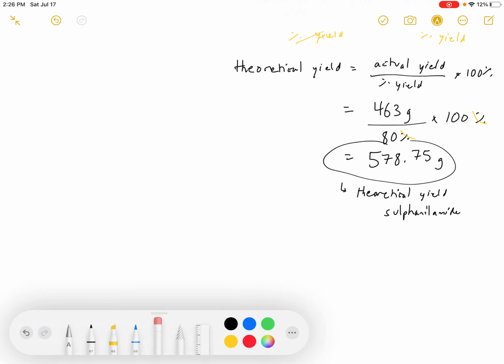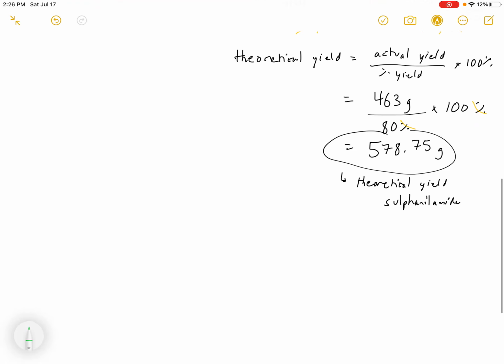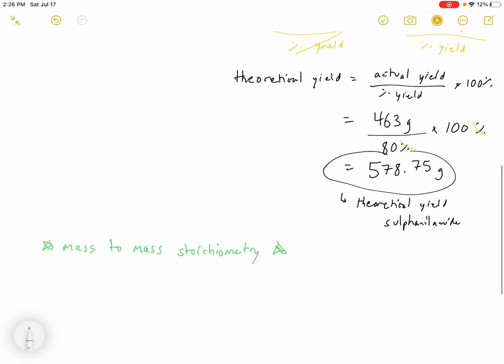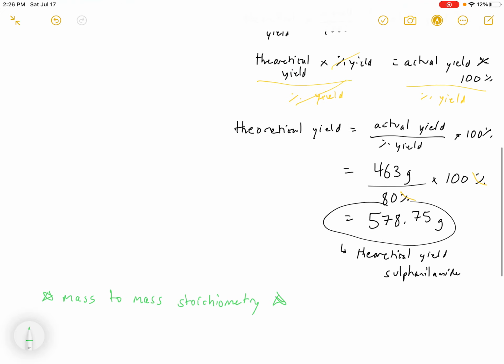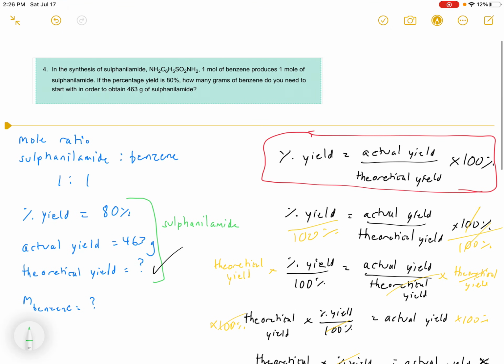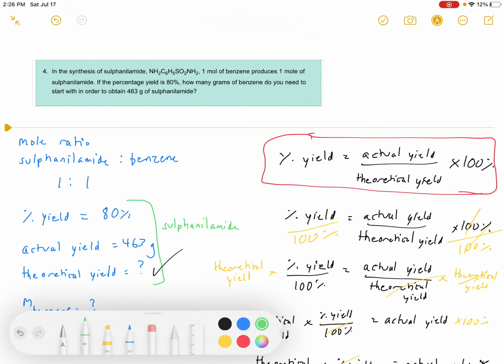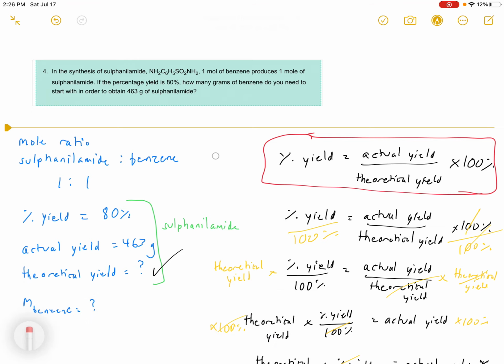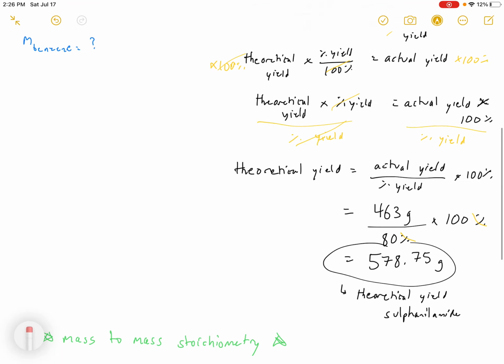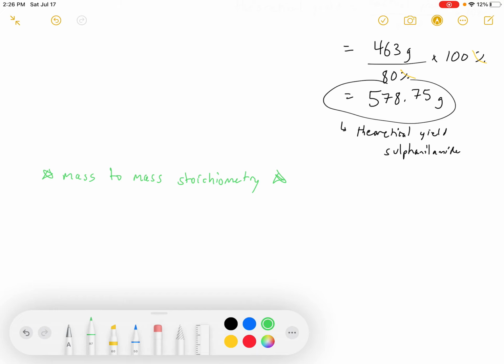So now this just becomes mass-to-mass stoichiometry, which you've seen explicit examples of earlier on in the course. And even better, we get to save ourselves a step because we don't have to deal with a balanced equation because we've already been told the mole ratio of sulfanilamide to benzene, which is great and can save us a lot of time.